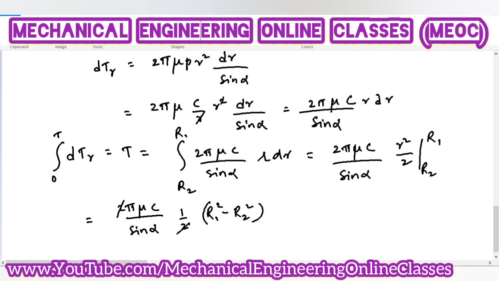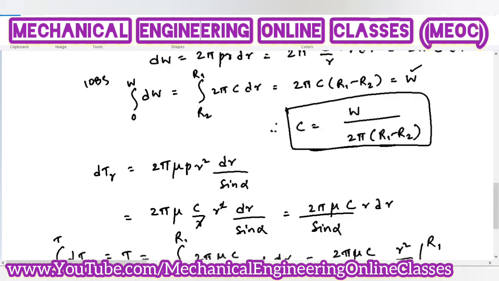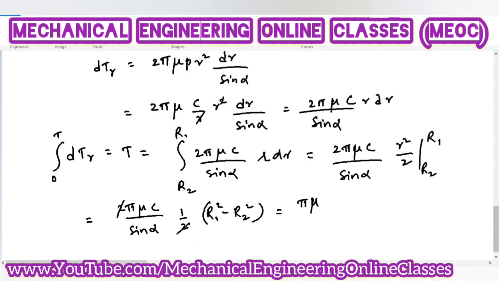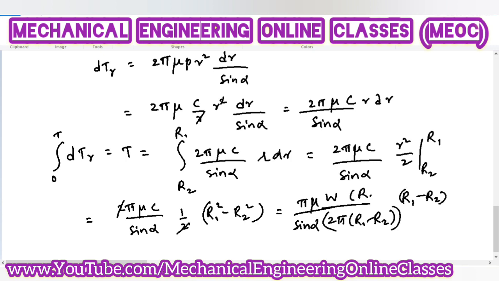2 cancels. Pi mu C can be written with C as W by 2 pi into R1 minus R2, with sine alpha in the denominator. R1 square minus R2 square can be written as R1 minus R2 into R1 plus R2.